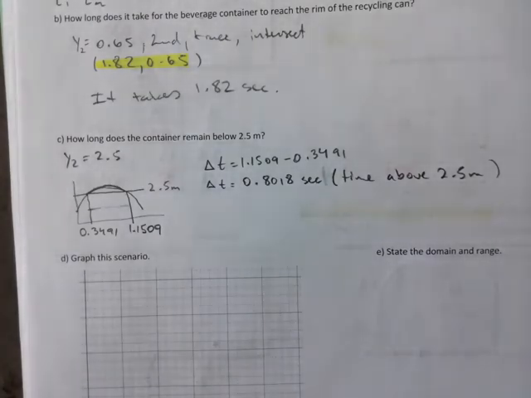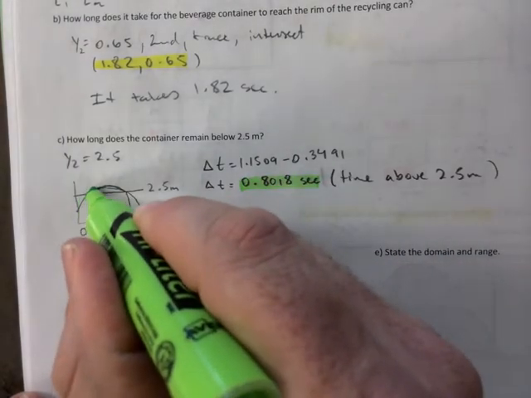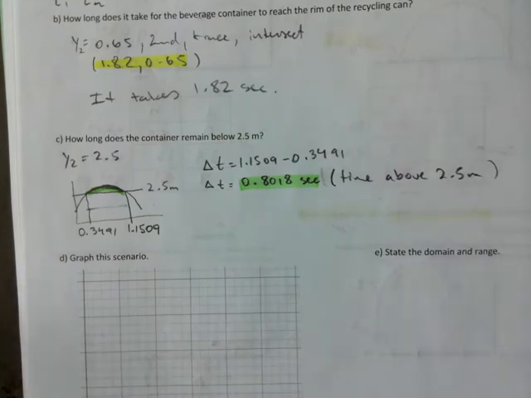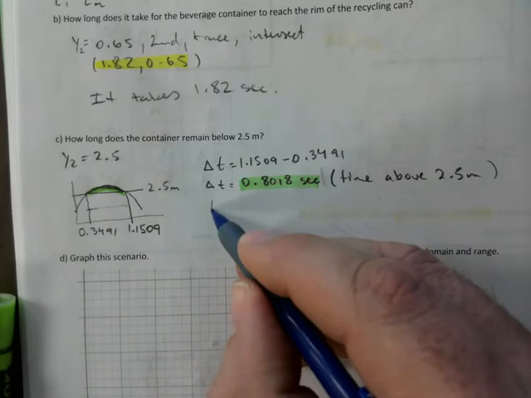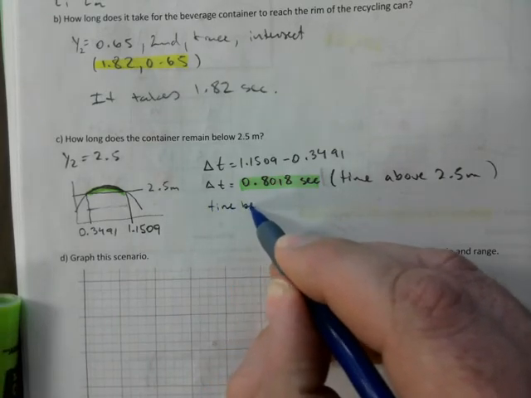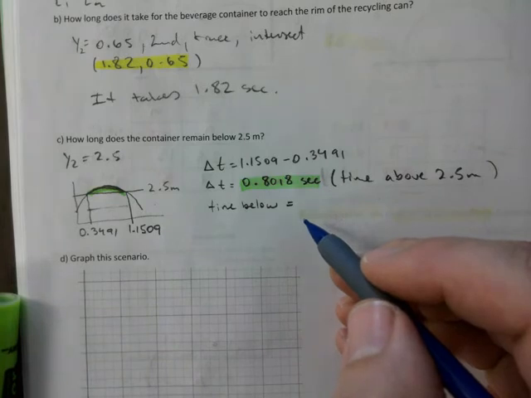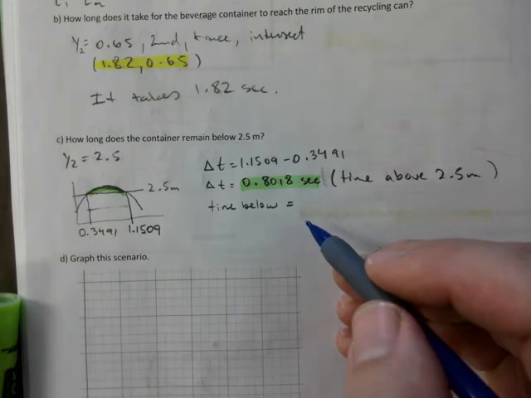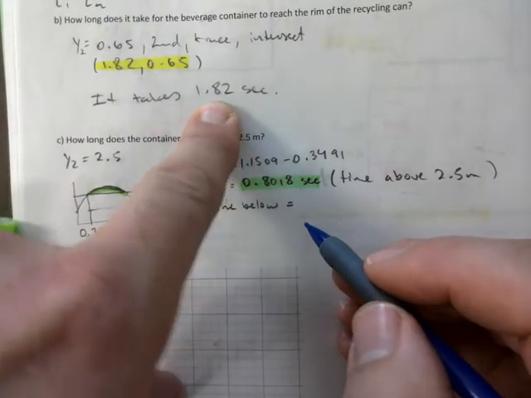This time is what happened while it was up, right? You want to know how much time is below. So time below, you would take the total time that elapsed from when it was thrown until it hit the rim. Where is that answer? It's actually right up here.